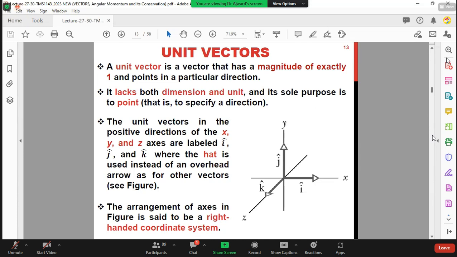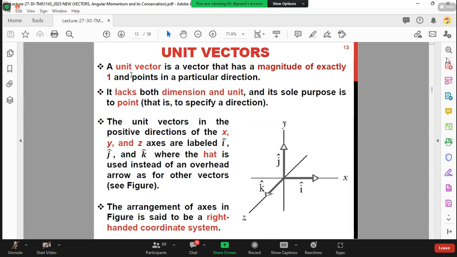So a unit usually represents a magnitude of 1, exactly 1. So the unit vector has a magnitude of 1 and it points in a particular direction.